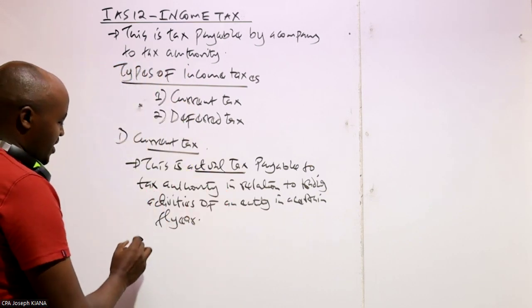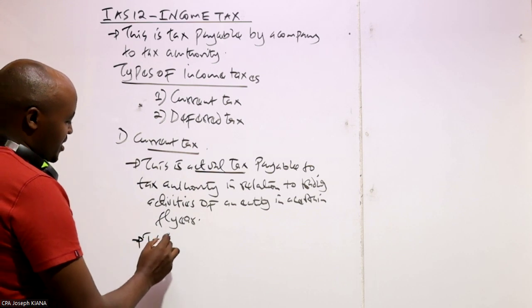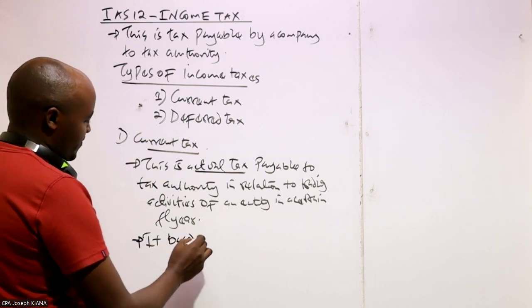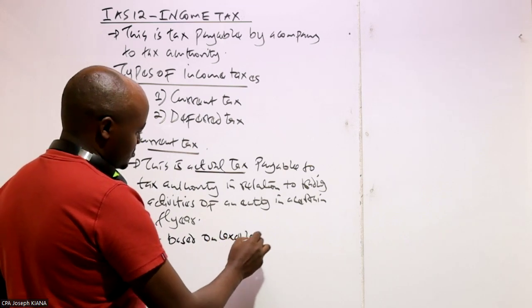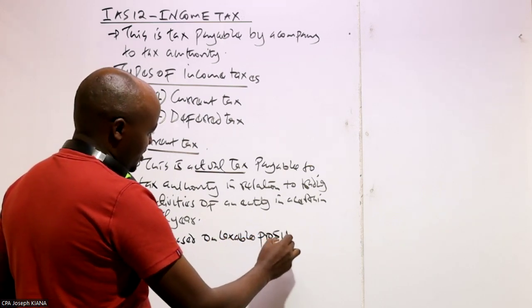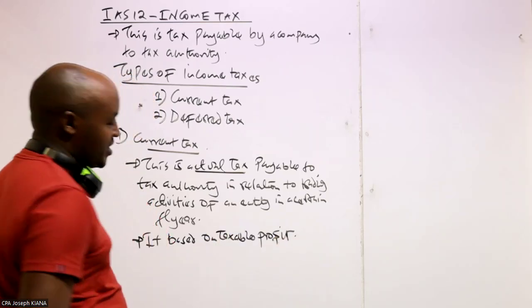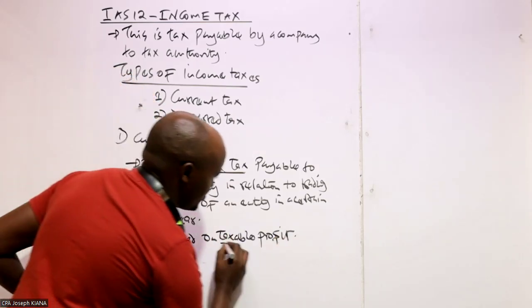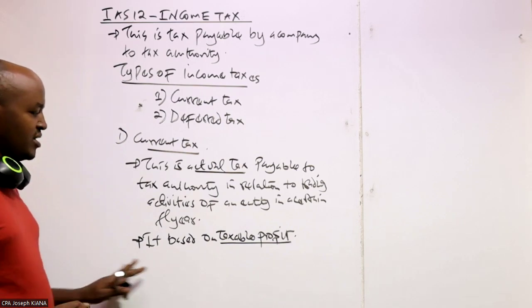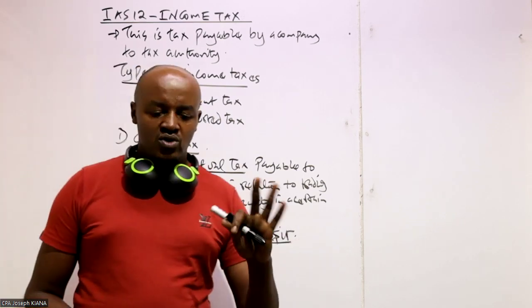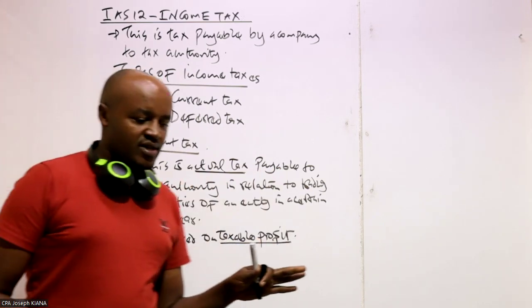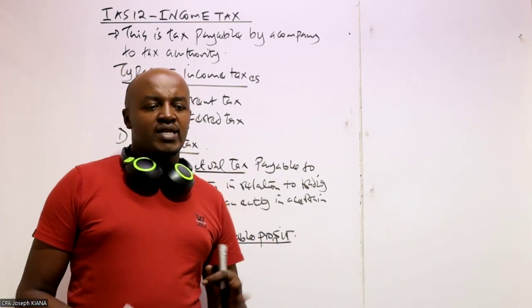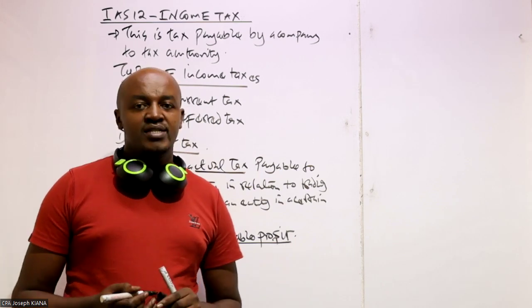On the other hand, we have said that it is based on the taxable profit. It means that when the company is computing the actual amount of tax to be paid, the company has to compute that based on the taxable profit. Taxable profit is the profit which is computed by the company using the existing tax laws.